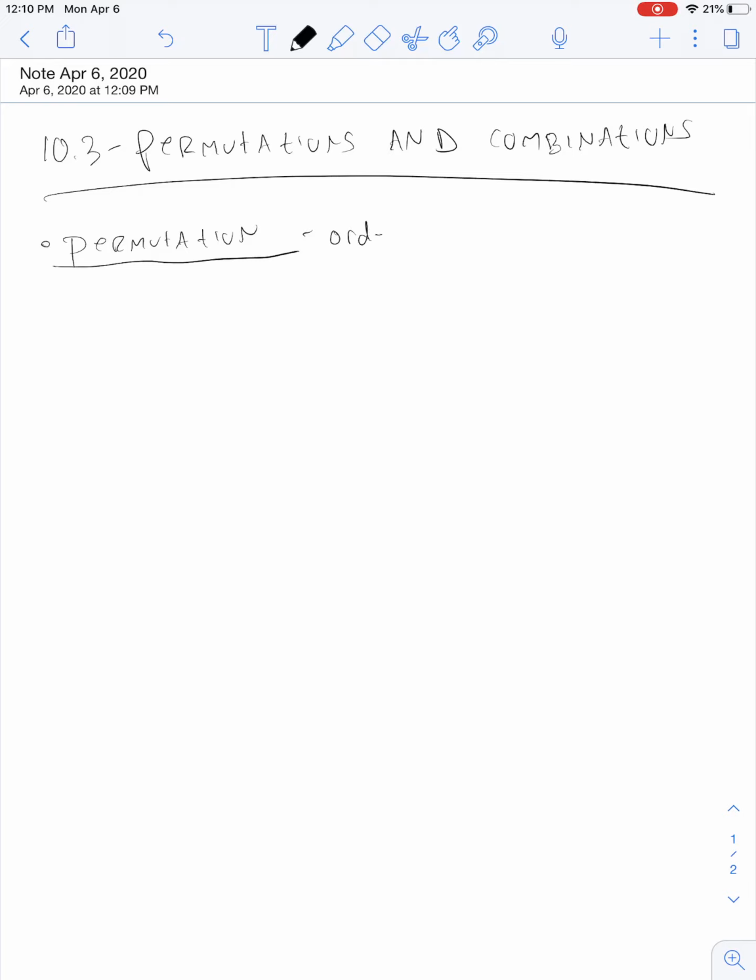Permutation is an ordered arrangement where two conditions follow. One, repetition is not allowed.